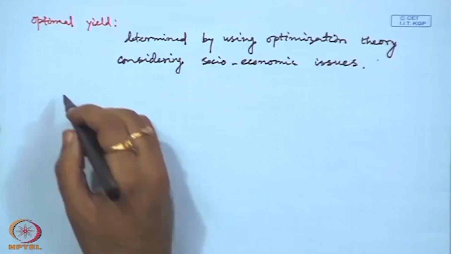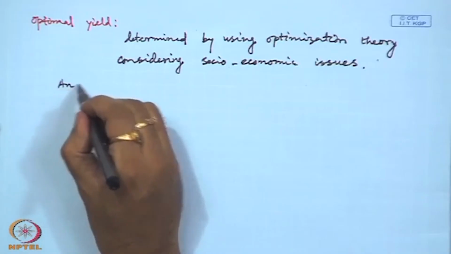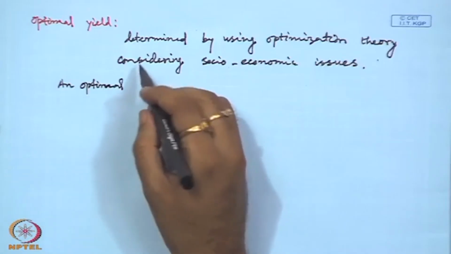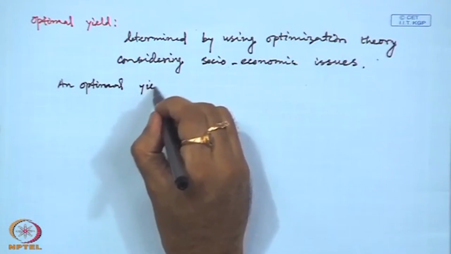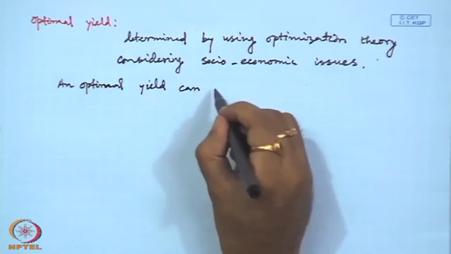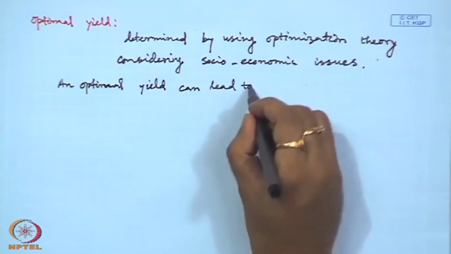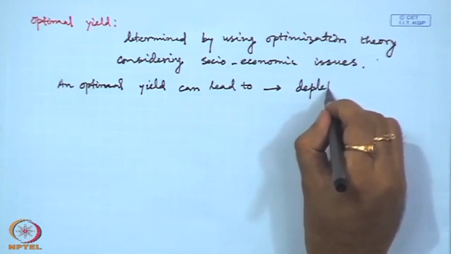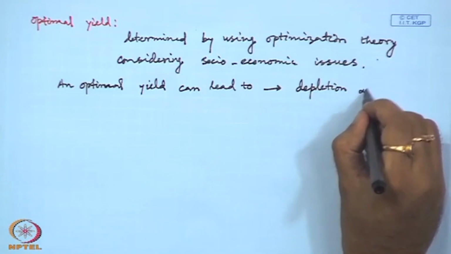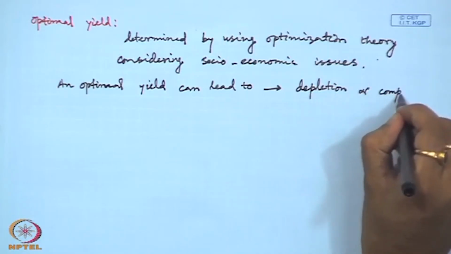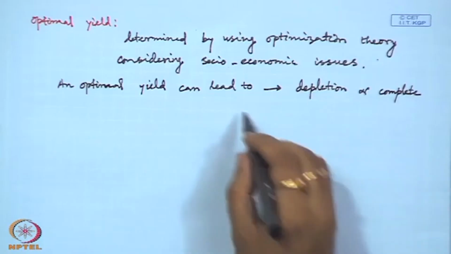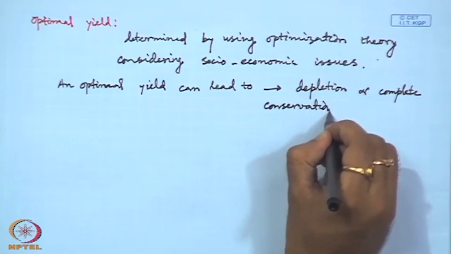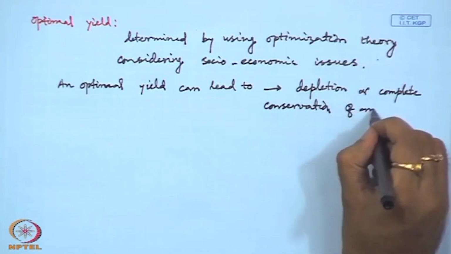Optimal yield can lead to depletion or complete conservation of an aquifer.